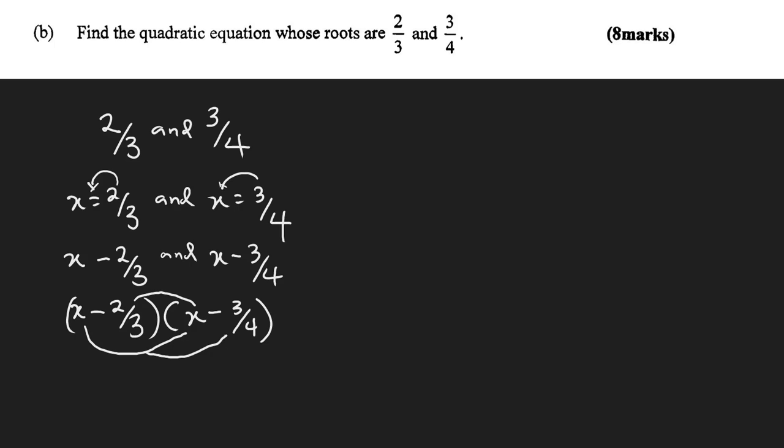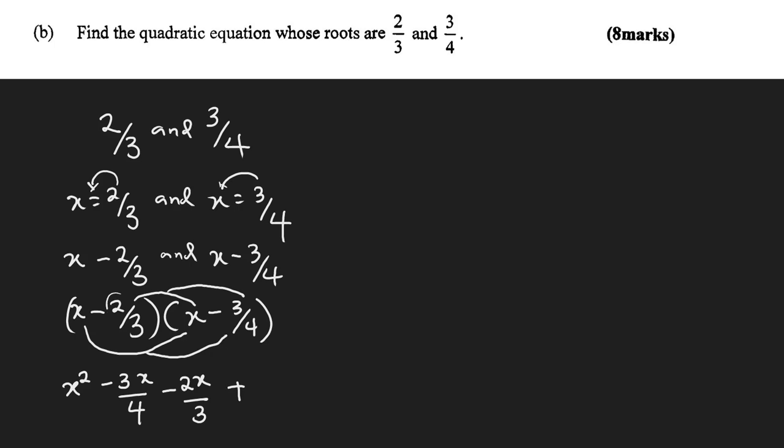First one will be x times x, which is x squared. Then x times minus 3 over 4 will be minus 3x over 4. Then minus 2 over 3 times x, which will be minus 2x over 3. Then minus 2 over 3 times minus 3 over 4. Minus minus is going to be plus.